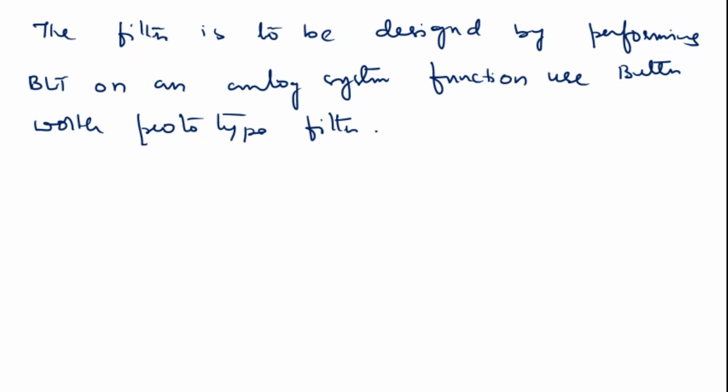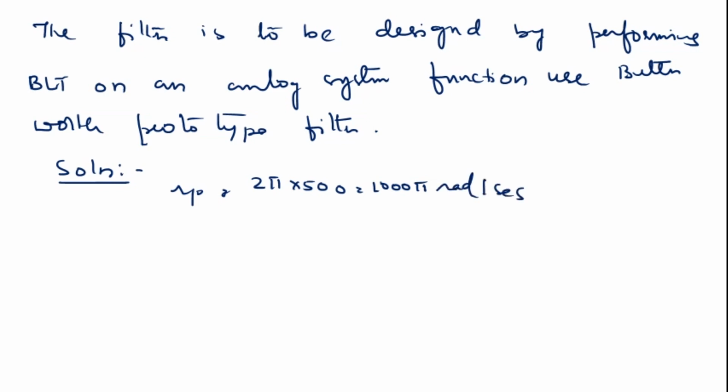So the specifications are given. Ohm P is 2 pi into 500, that is 1000 pi radian per second. Kp is minus 3.01 decibels.